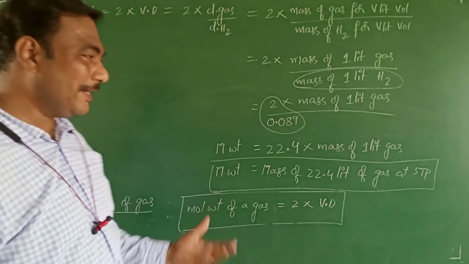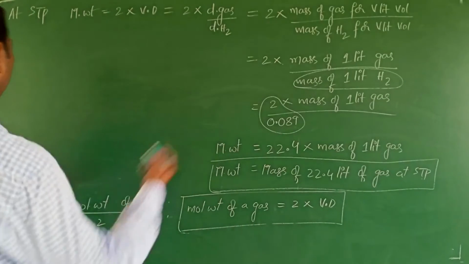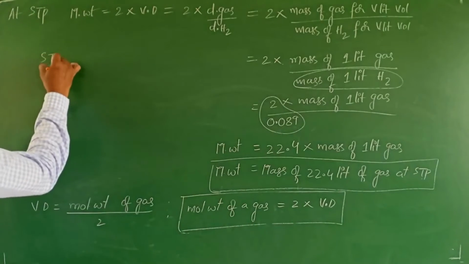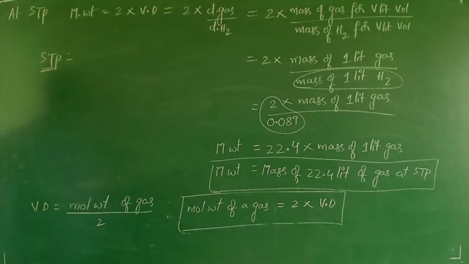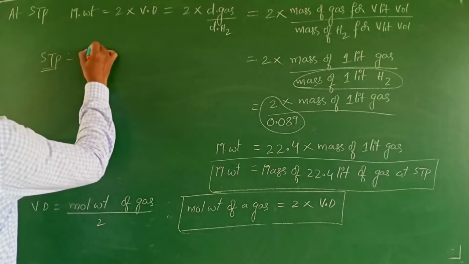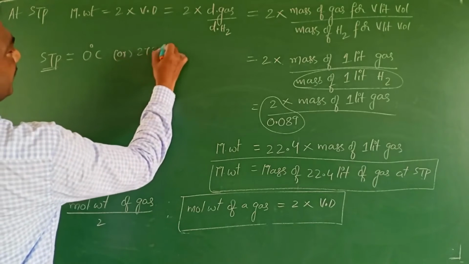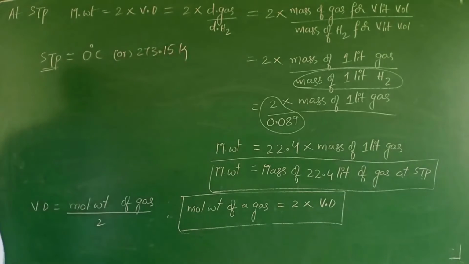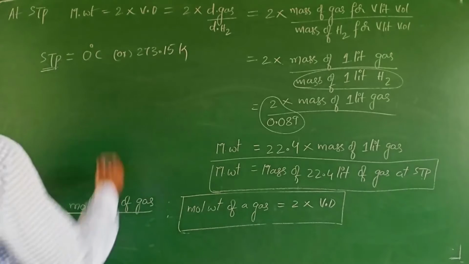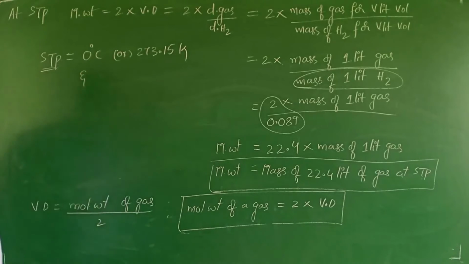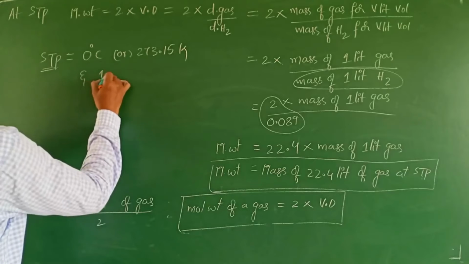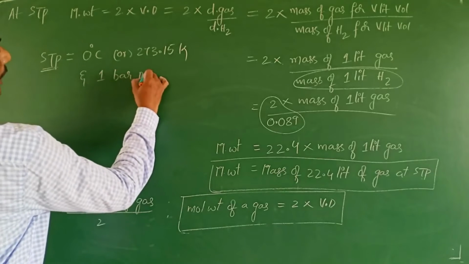STP condition. What are these STP conditions? STP is nothing but 0 degrees Celsius, or else 273.15 Kelvin. This is the temperature, and it is 1 bar pressure.